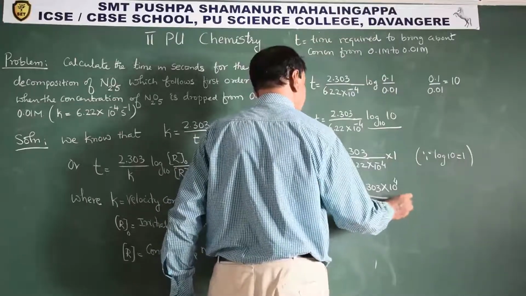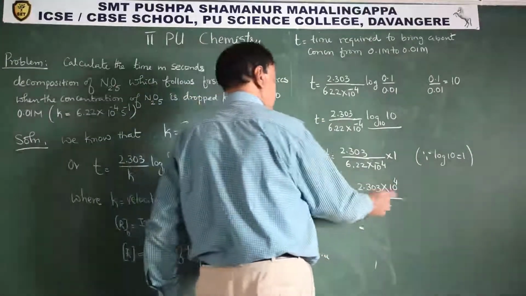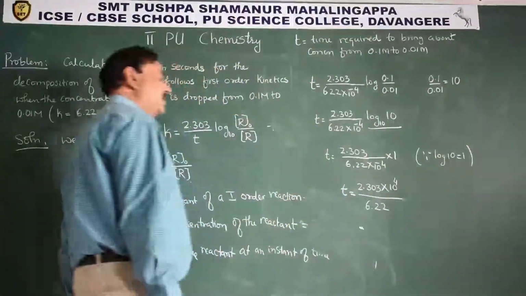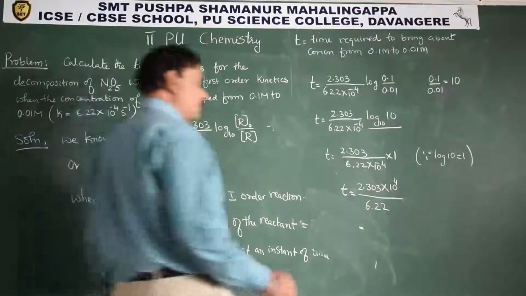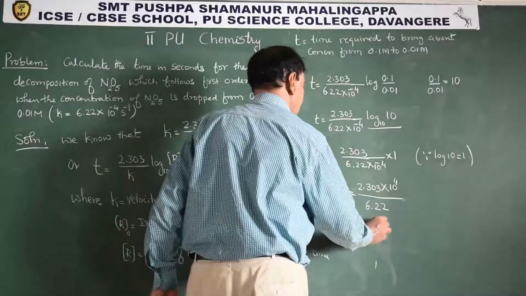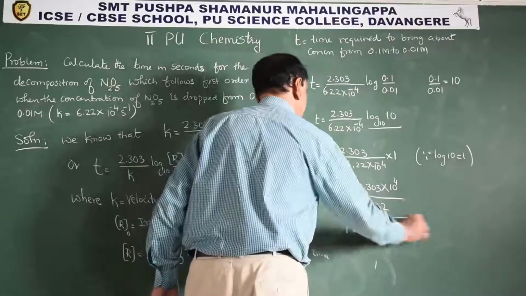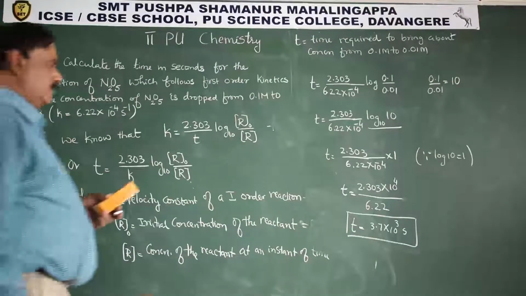That is in terms of seconds. The answer would be 3.7 into 10 to the power of 3 seconds. That is your answer.